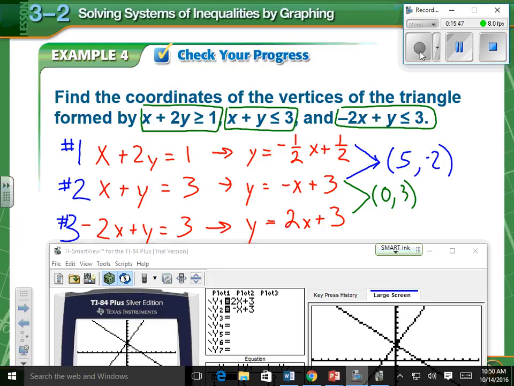And then last, I want to find the intersection between lines 1 and 3. So I'll take out the negative x plus 3 and put in the negative 1/2 x plus 1/2.